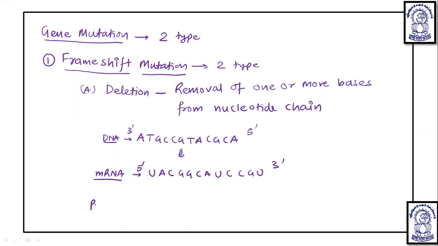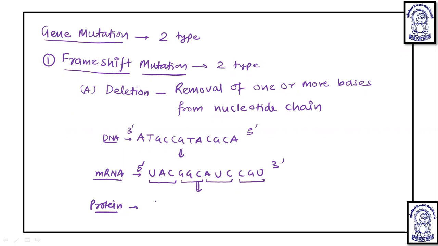Now, when we talk about the protein or polypeptide which is translated from this mRNA, three nucleotides code for one amino acid, another three nucleotides code for another amino acid, and so on.